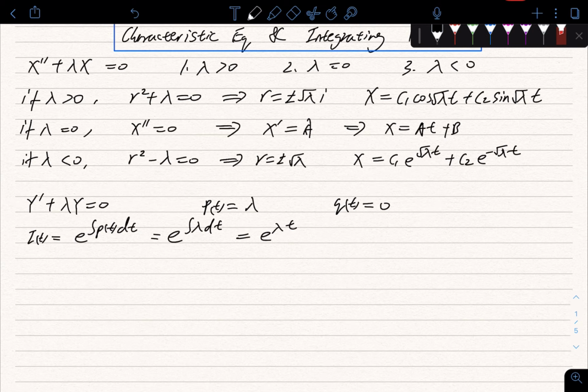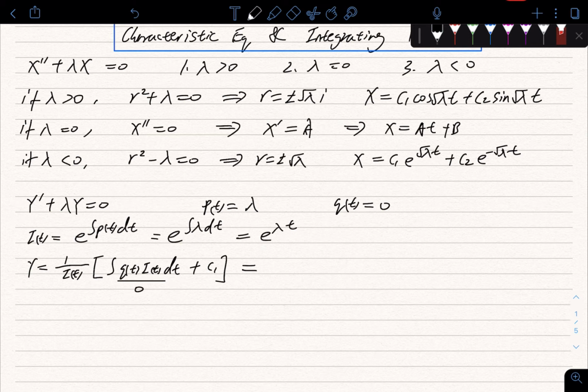So our solution is in the form of y equals 1 over I(t), times the bracket of the integral of q(t) times I(t) dt plus an arbitrary constant c1. Actually, let's analyze this expression a little bit, because we know that q(t) is 0, so this whole term becomes 0.